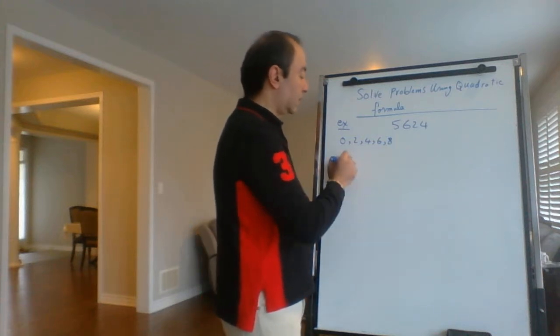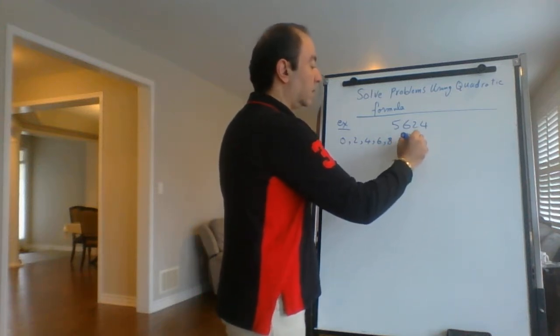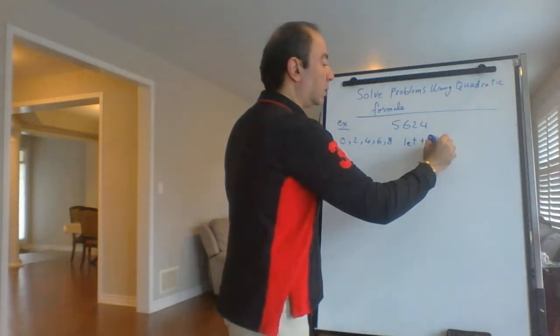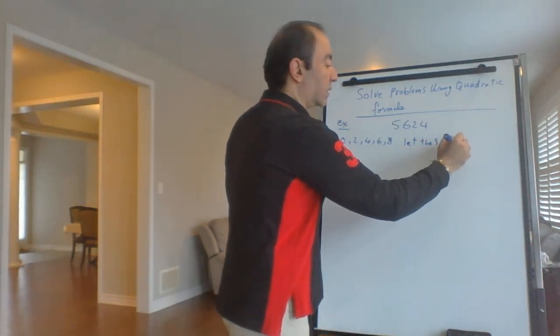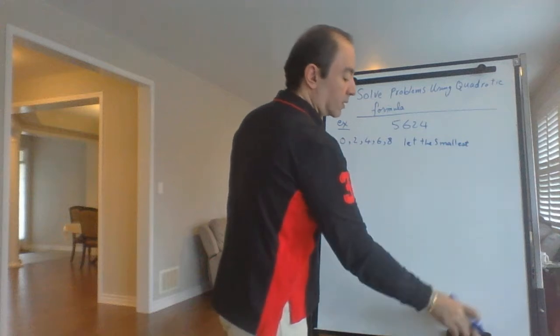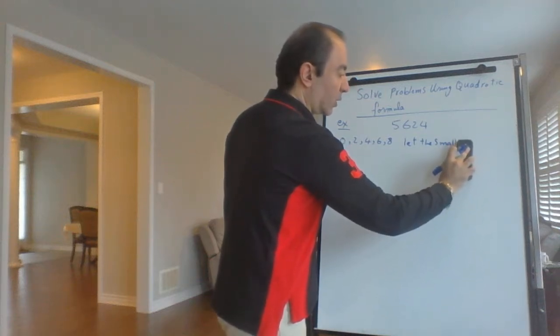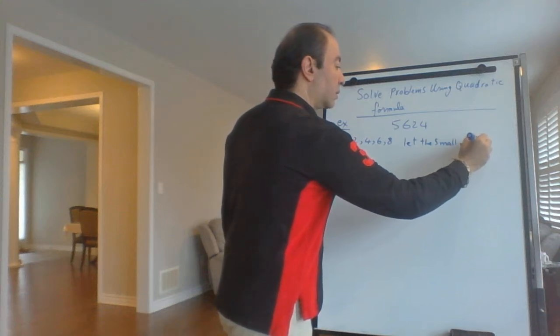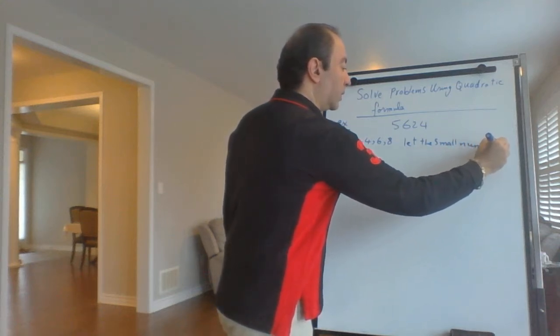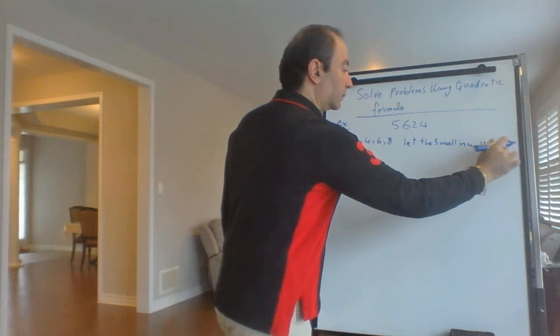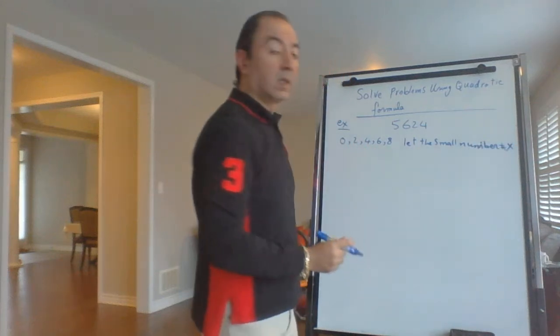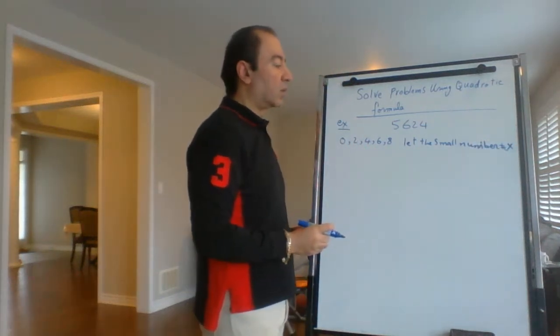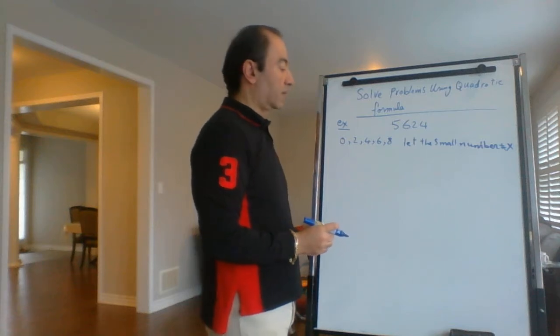So I will let the smallest number, the small one out of the two consecutive numbers, equal x.